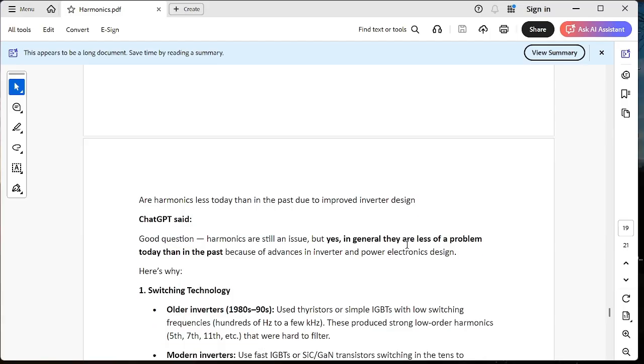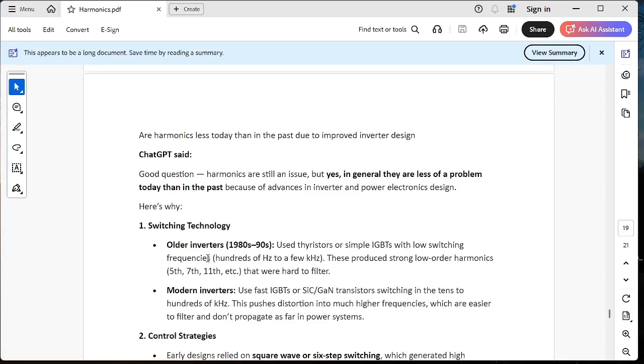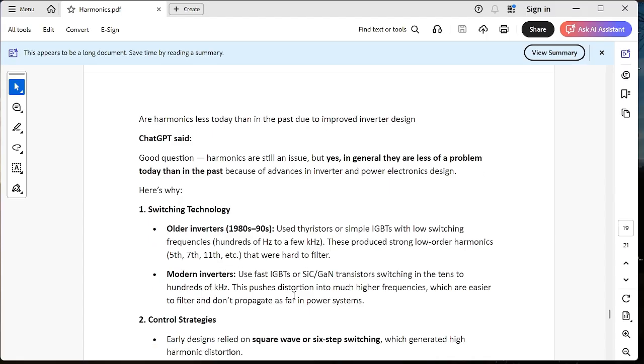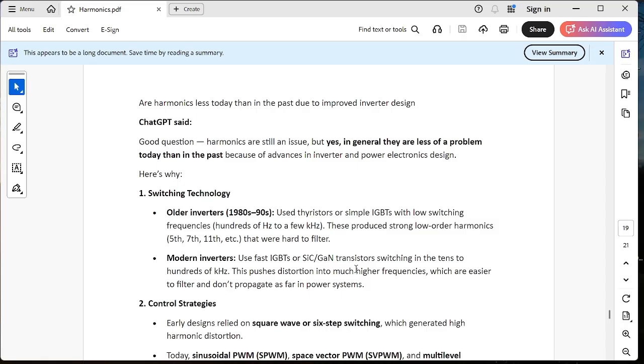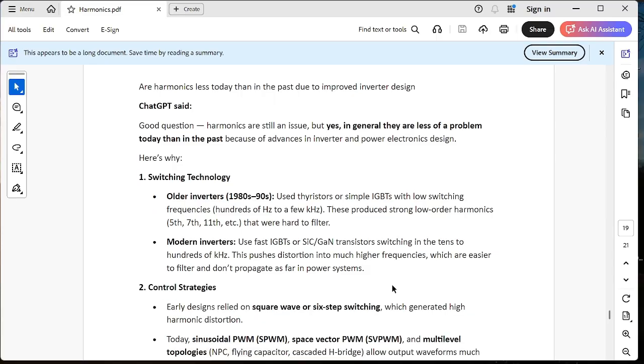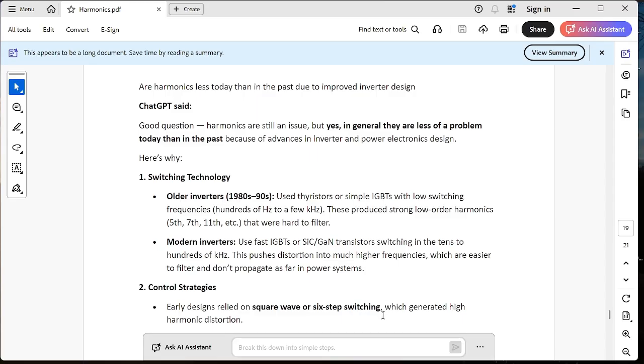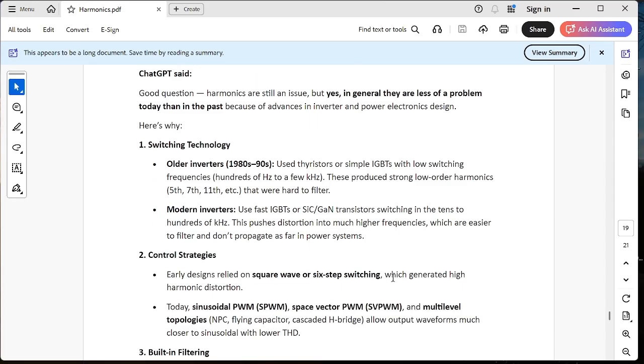And the answer is yes. Older inverters use thyristors or simple IGBTs with low switching frequencies, and these produce strong low-order harmonics, 5th, 7th, 11th, etc. They were hard to filter. Modern inverters use fast IGBTs or SiC, gallium nitride transistors, switching in the tens to hundreds of kilohertz. This pushes the distortion to much higher frequencies, which are easier to filter and don't propagate as far in power systems.